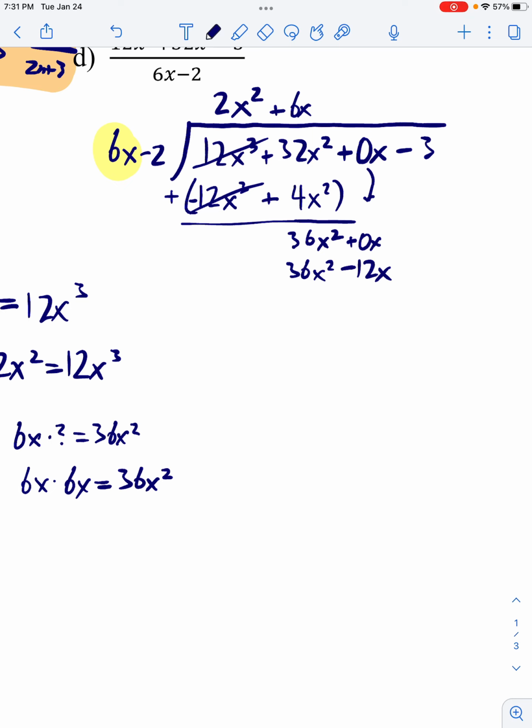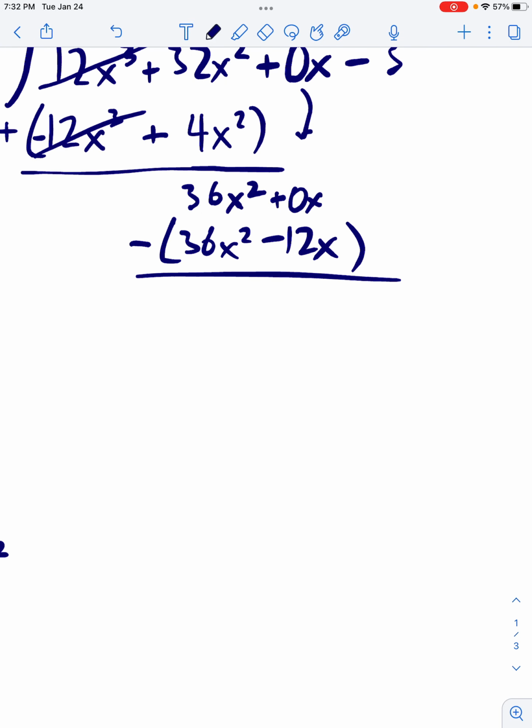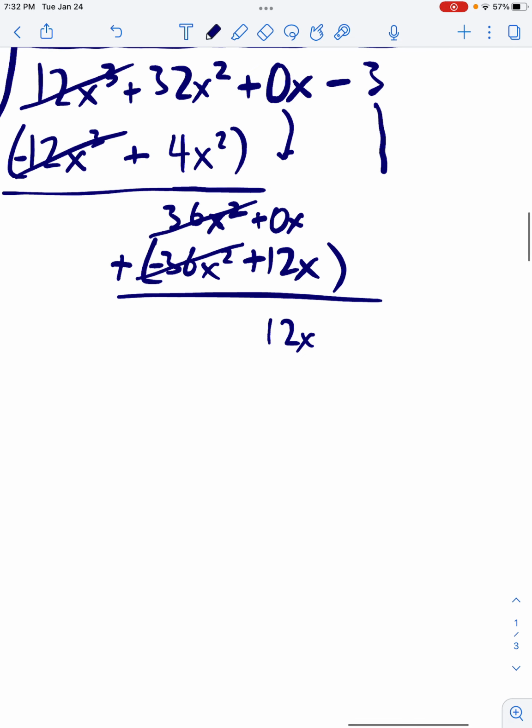Okay. Subtract. Do your subtraction. So we can change this to a plus as long as we flip these two signs. 36x squared plus negative 36x squared, those cancel. 0x plus 12x is 12x, okay? And then let's drop down this minus 3 up here.